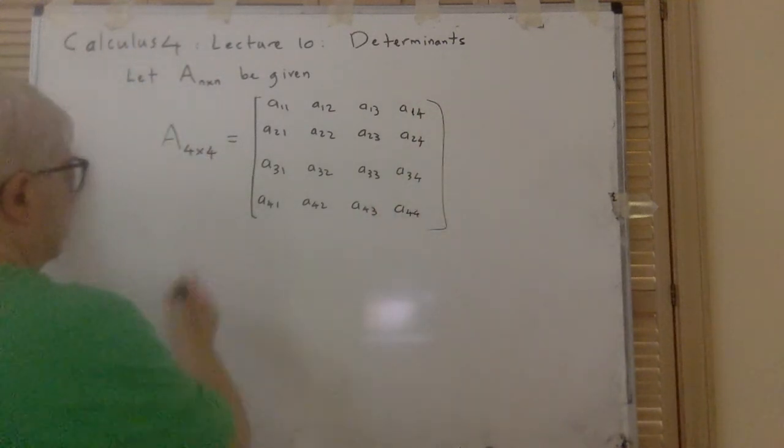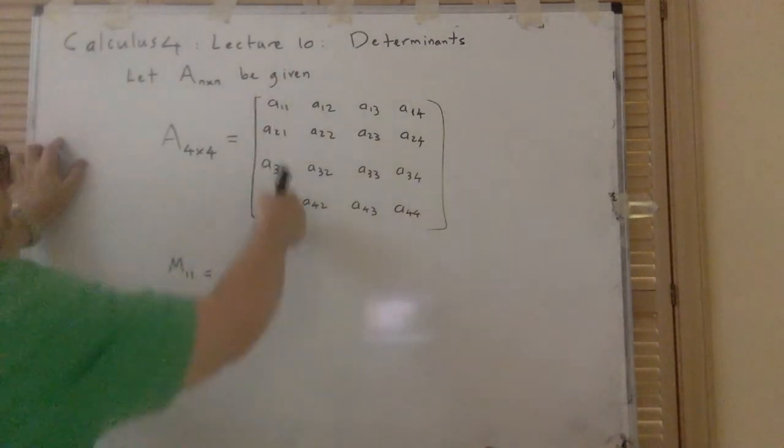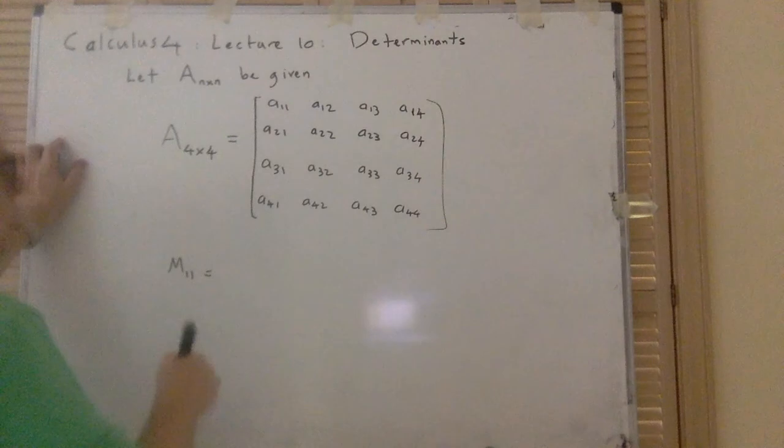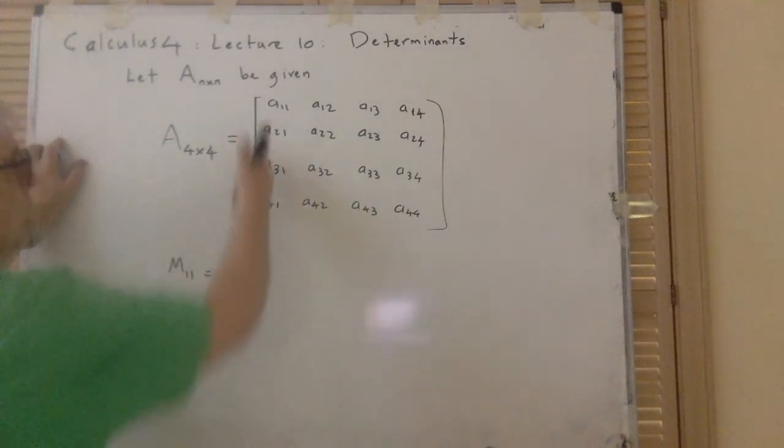So M11: you have to delete, either write it down on a sketch paper and delete that, or just do it in your mind.